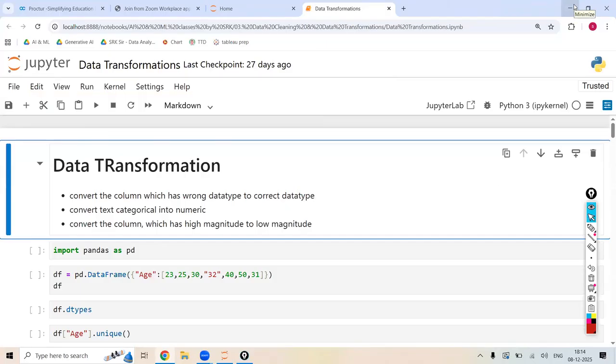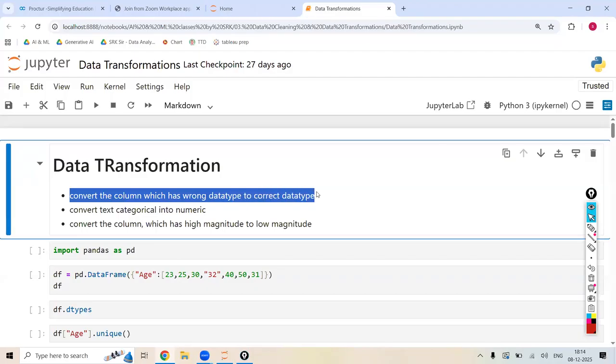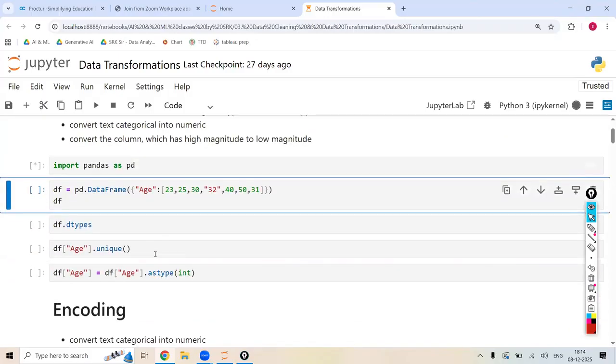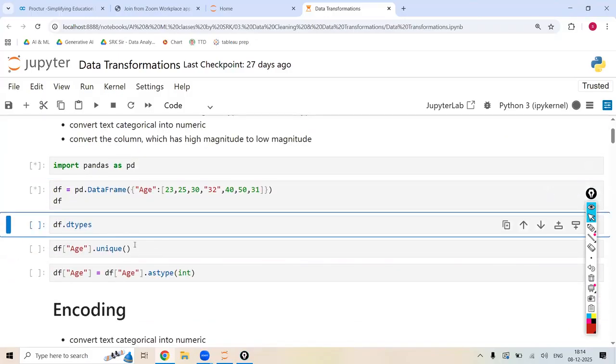Before applying the ML, we have to clean the data, we have to convert the data. After doing only this, we can do the remaining things. Within the data transformation, first, the columns which have the wrong data type, we are going to convert to the right data type. How are you going to convert?